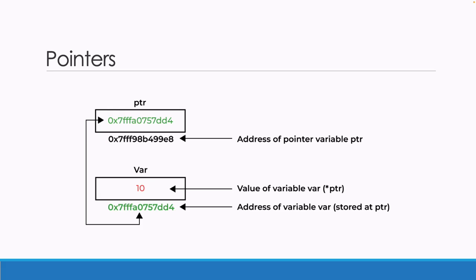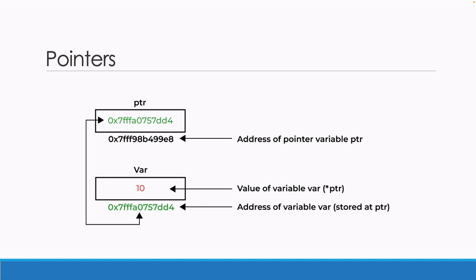Now that we know how a pointer works, here I have a graphical representation of what a pointer is. Here we can see that we have a variable called bar with a value 10, and this variable is stored at this address in green, 7FFFA00, all this. That is the address in which this variable is stored.